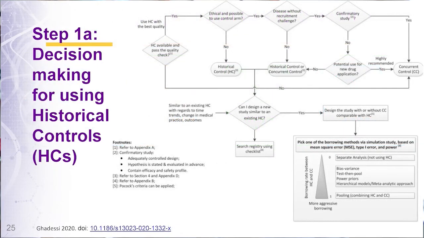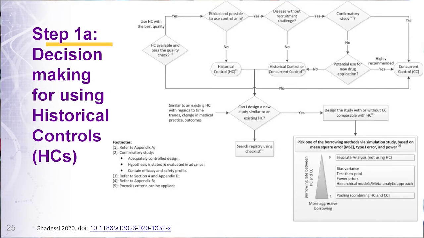Okay, the first step. When we want to design the external control studies, the first question we need to think about is: do we really need an external control or not? Here's an example of how to make the decision. We need to think about a couple of factors. First, do we have quality historical control data?